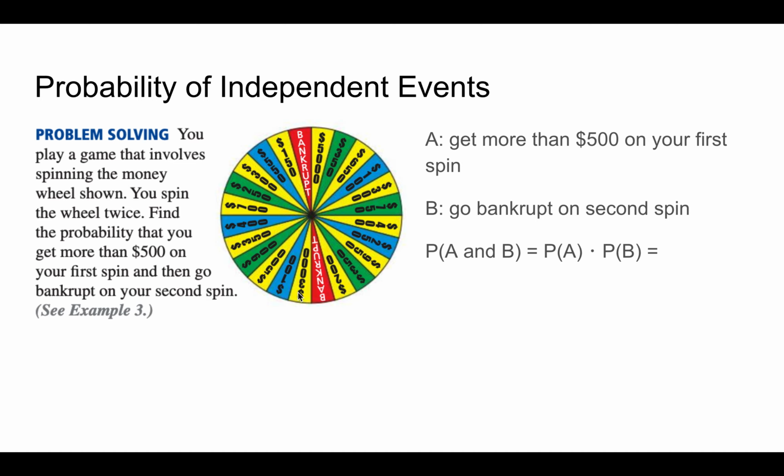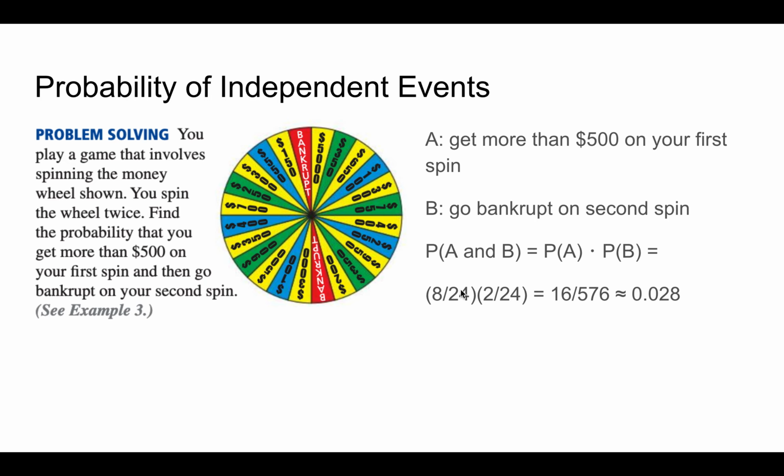Another option above $500, so that's 5. Another option over $500, so that's 6. Another, so that's 7. And then another option over $500, so that's 8. So the probability of getting more than $500 on your first spin is 8 out of 24.